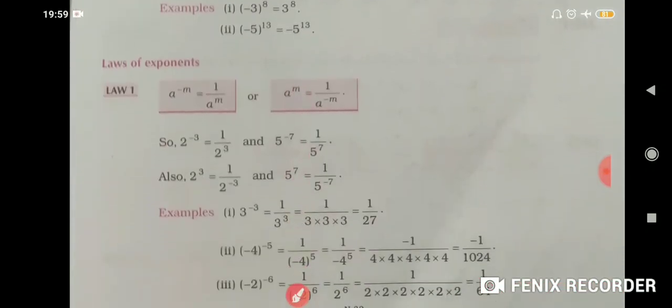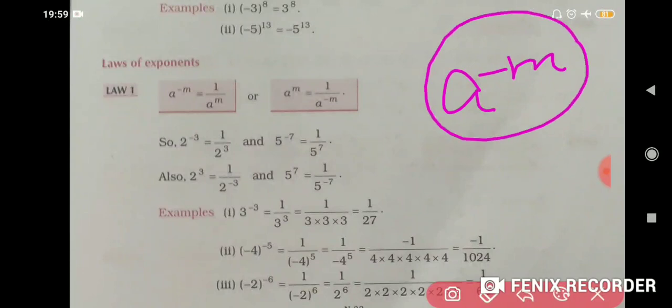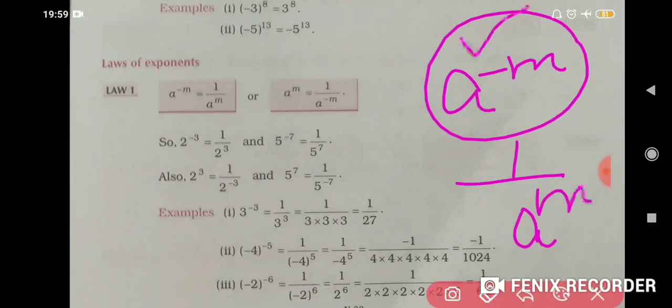Now a to the power minus m. If the power is negative, then what can we do? We can do the reciprocal: 1 upon a to the power m. If we do the reciprocal of a to the power minus m, it will become 1 upon a to the power m.